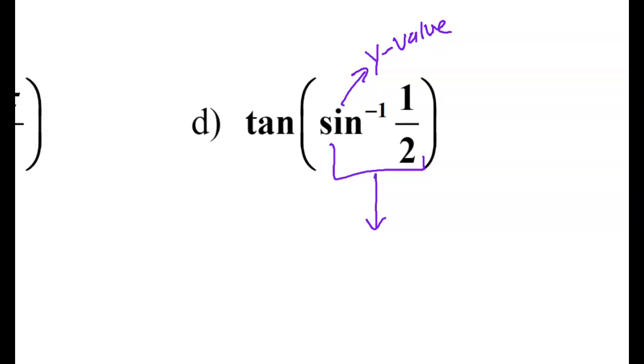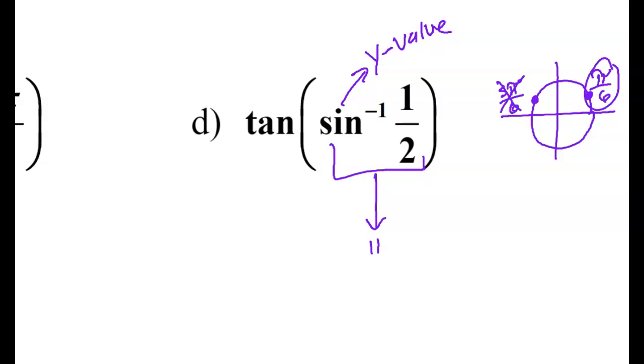Pi over 6. Yes, we keep switching those. Is that pi over 6 in our restricted domain? Yes. So this is our answer. We also could have said, and sometimes we said it above, that 5 pi over 6 also has a y value of 1/2, but that is not in our domain. So we have to take pi over 6.